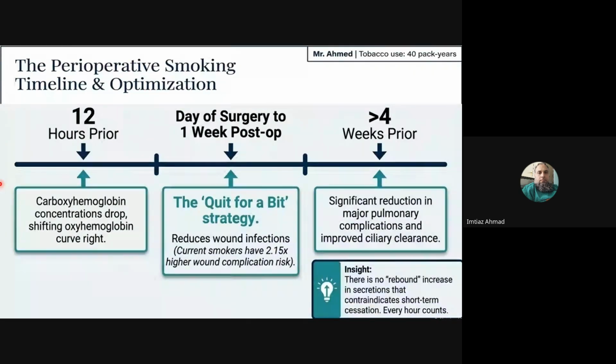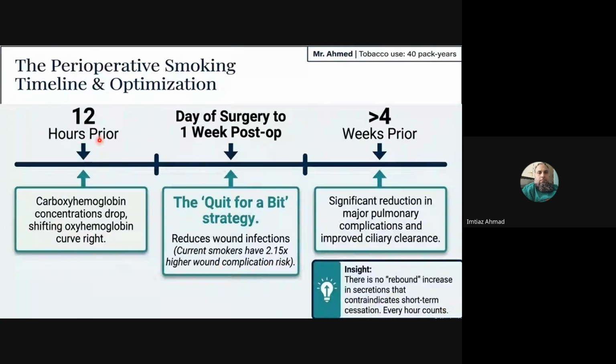Regarding perioperative smoking cessation and optimization, smoking should be stopped more than 4 weeks before surgery to gain significant reduction in major pulmonary complications and improve ciliary clearance. But even if it is stopped on the day of surgery and continued to stop for 1 week post-operatively, there will be reduction in wound infection, as current smokers have 2.15 times higher wound complication risk.